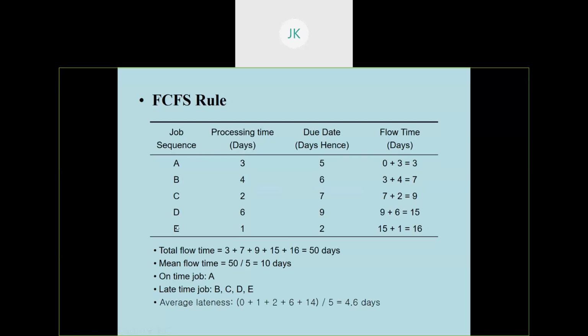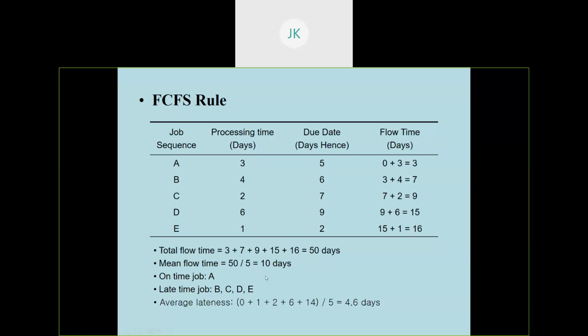Add all flow times, and 50 days is the total flow time to finish all jobs. Then mean flow time is total flow time divided by the number of jobs, 5, equals 10 days.